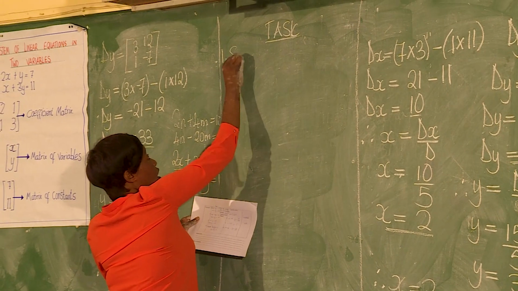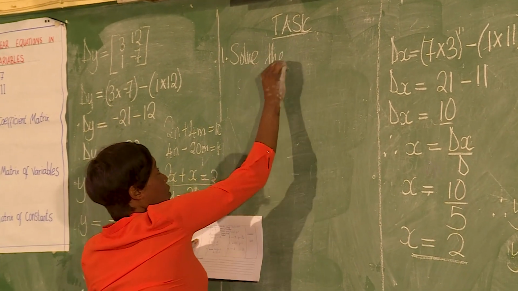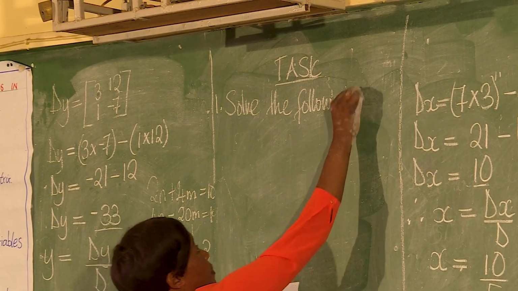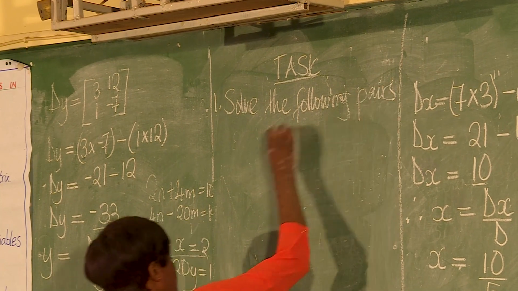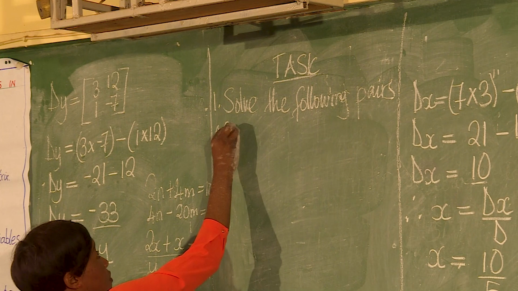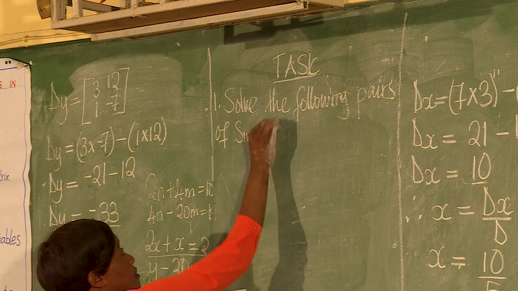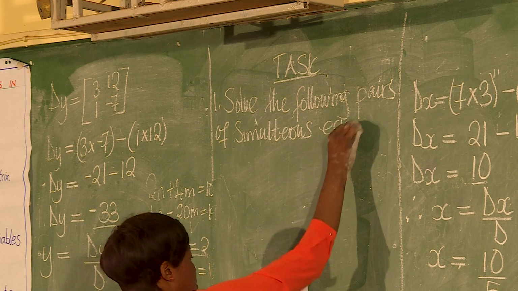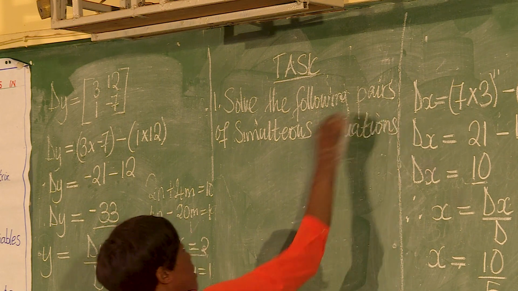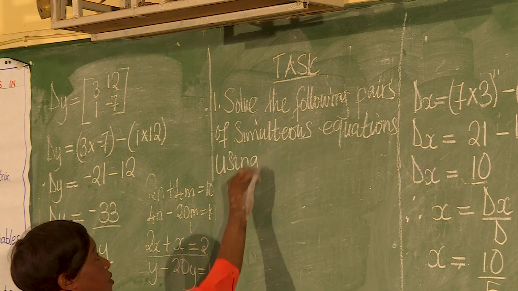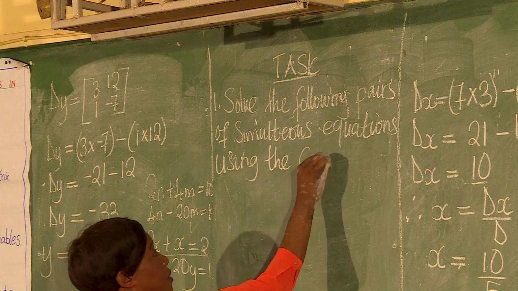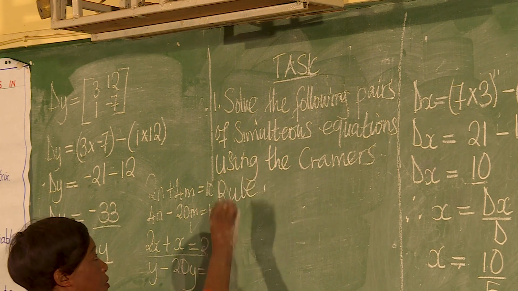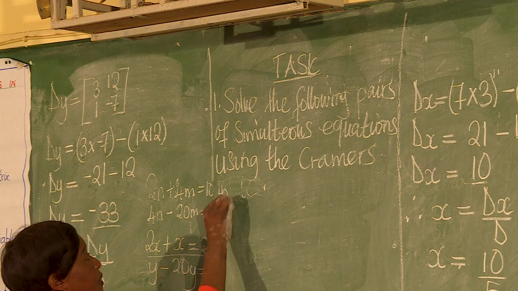So we have the question: solve the following pairs of simultaneous equations using Cramer's rule. Right? Yes. Or Cramer's method.